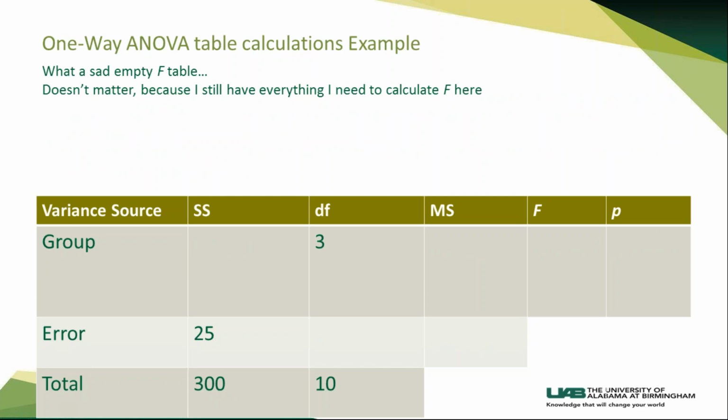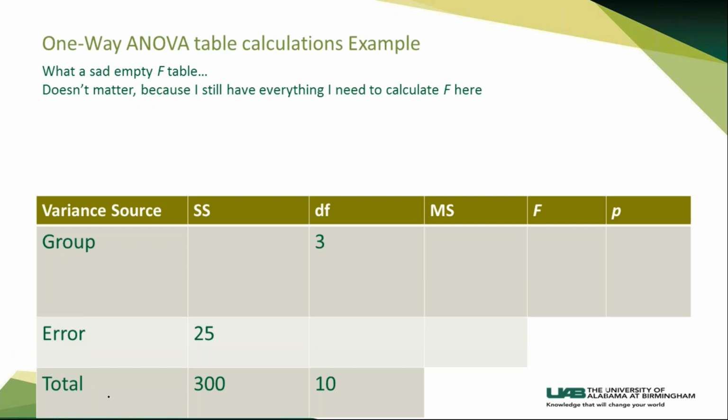So let's try an example here where we just have the table, and let's look at those table properties and how they work. So let me come up with a different pen color here. I still have everything I need to calculate F. I don't have a whole lot here, but it is plenty.